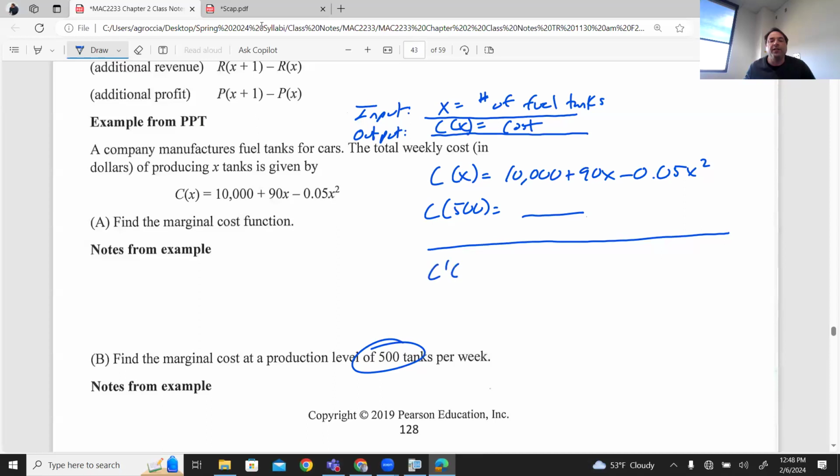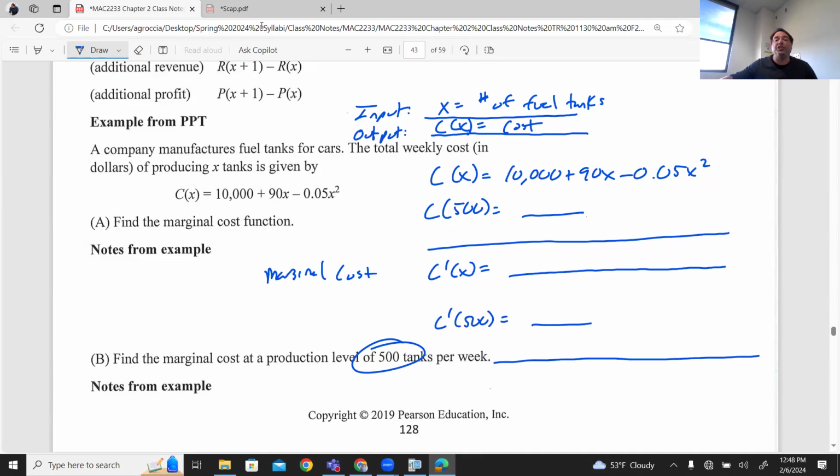I want you to find the derivative of cost, which is called what? Marginal cost. And then I want you to plug in 500, write it in a sentence, and check it in the calculator. Basically everything we did last time, but now we're doing cost instead of an object moving.